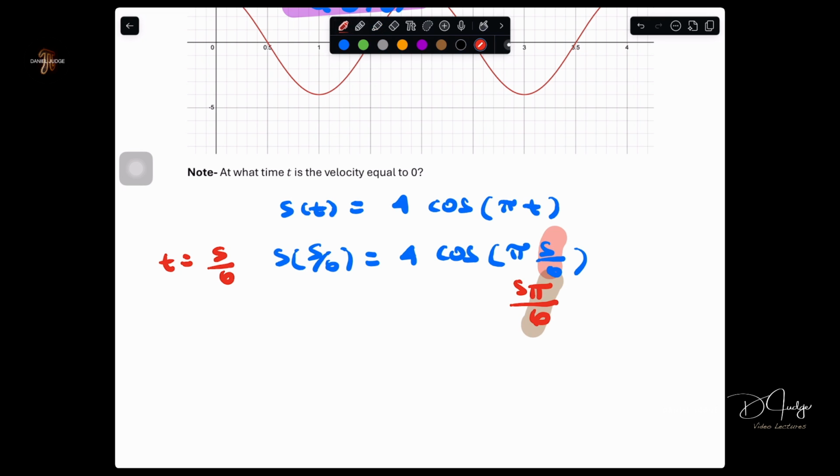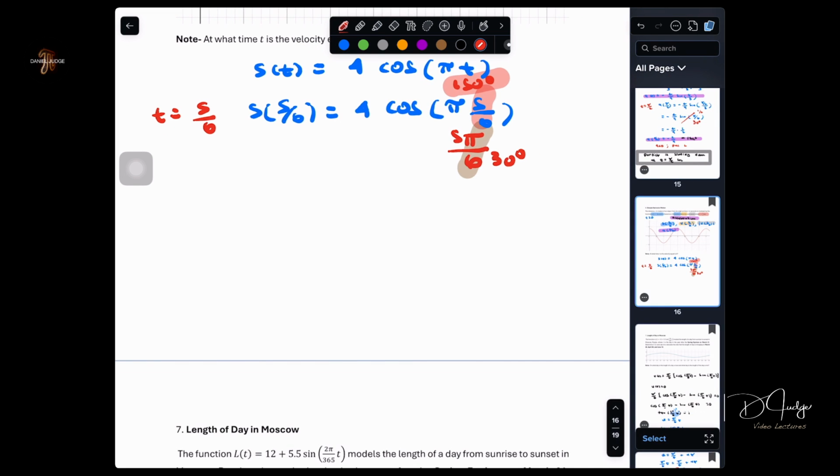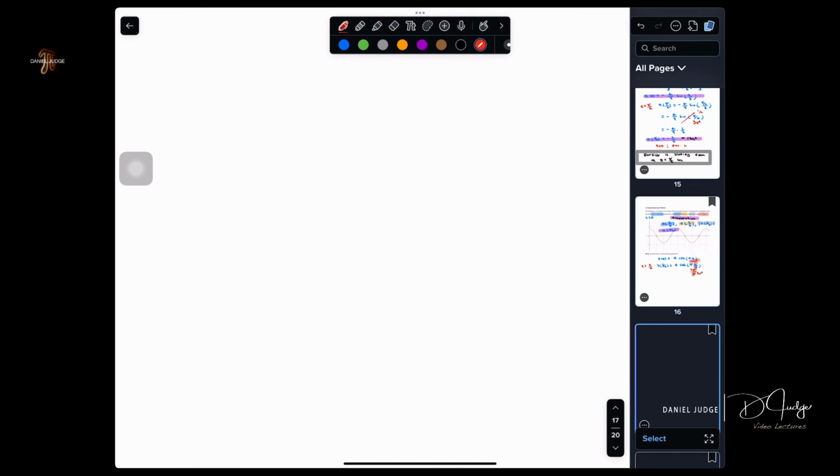So 5 times 30 will be 150. So I'm going to label this here 30 degrees. This is really 150 degrees. Okay. So we need to know what's cosine of 150 degrees. All right.